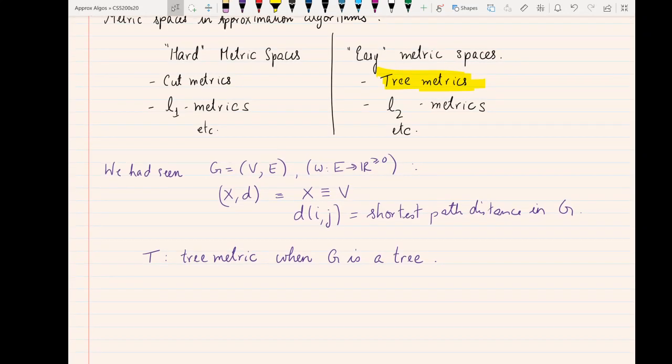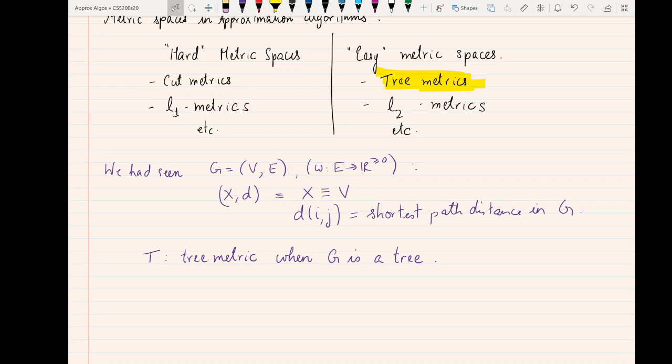And why are tree metrics useful? You can already guess why this might be the case. Many problems are much easier on trees than in general graphs. For instance, if you look at the shortest path between two points in a tree, it's really simple because there's a unique path between the two points in the tree, so you really can't go wrong if you take that path.